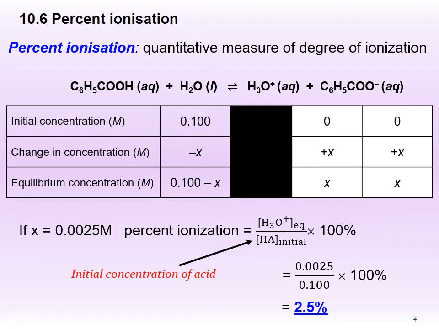The formula for percent ionization is hydronium ion concentration at equilibrium divided by the initial unionized acid concentration. In this case, it is that of benzoic acid at the start, multiplied by 100%. So substitute the correct values from the ice table to obtain 2.5%. Essentially, we compare the hydronium ion concentration at equilibrium with the initial unionized acid concentration and express this as a percentage.